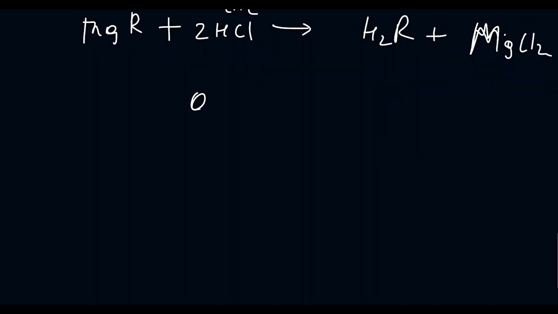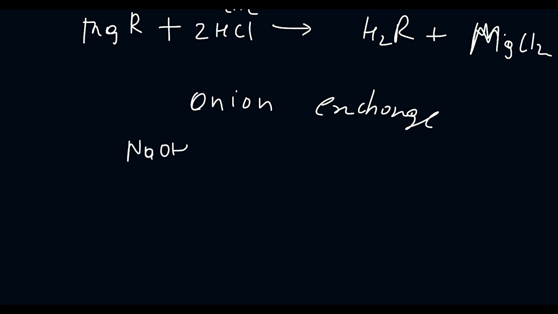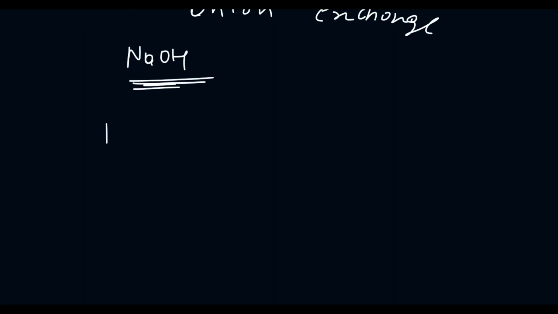And next, in the anion exchanger, we have to add alkali, that is NaOH. So the chemical reactions in the anion exchanger are: R2CO3 plus 2NaOH gives 2ROH plus Na2CO3, where this 2 is just for balancing the reaction.